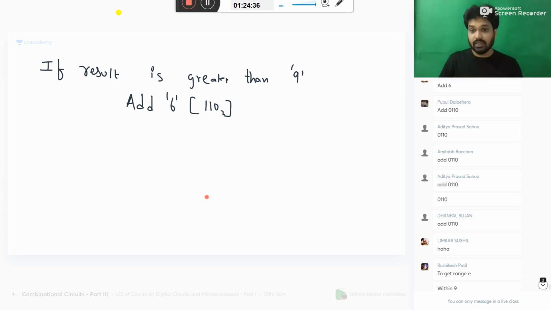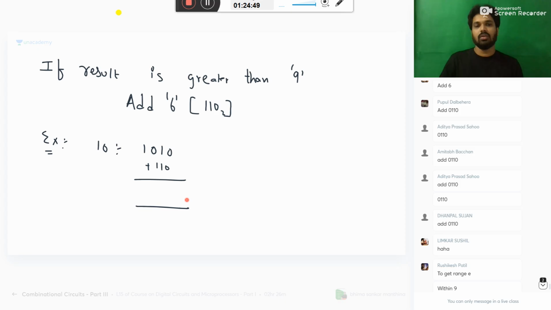The logic behind that. For example, 10 is there. What is 10? 1010. Add 6. What will you get? 0 plus 0 is 0, 1 plus 1 sum 0 carry 1, 1 plus 1 sum 0 carry 1, 1 plus 1 sum 0 carry 1. So that will make your result.